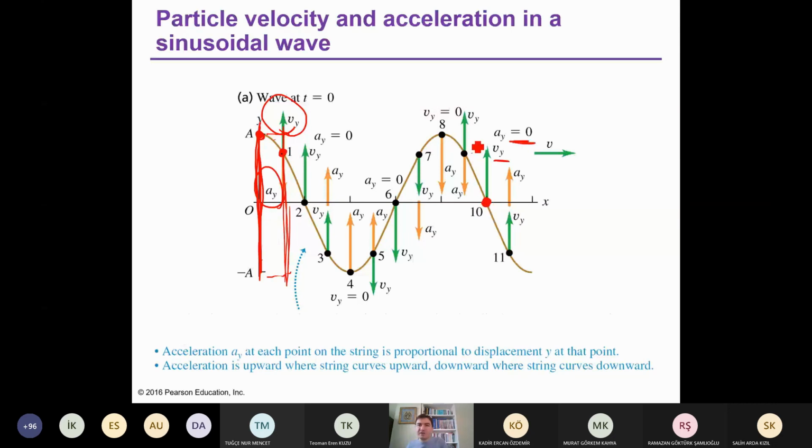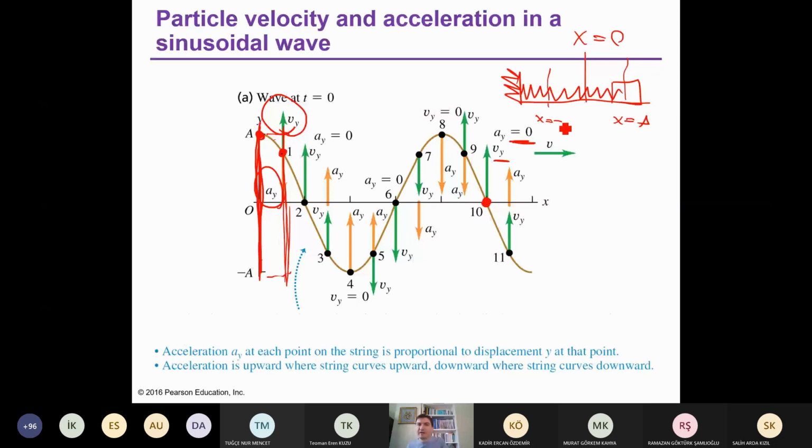Remember the mass attached to a spring. Everything is the same. Here we have x equal to 0, and this is x equal to A. This is x equal to negative A, and the mass is oscillating around the equilibrium.